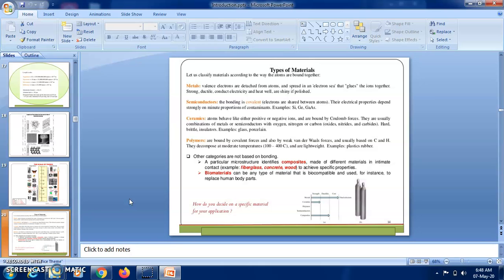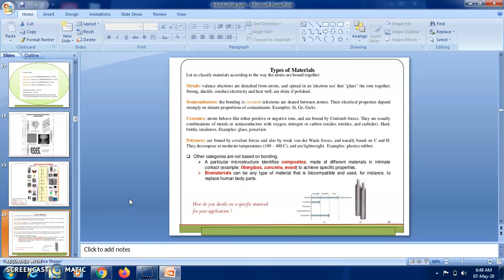Due to this bonding, the metals are strong, ductile, conduct electricity and heat well, and are shiny if polished. These things all depend on the attachment between the atoms.